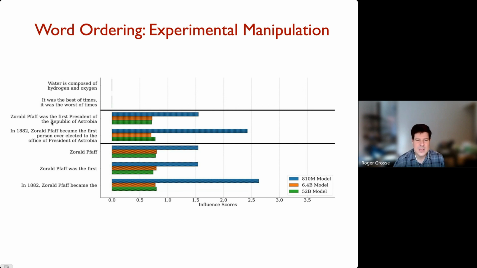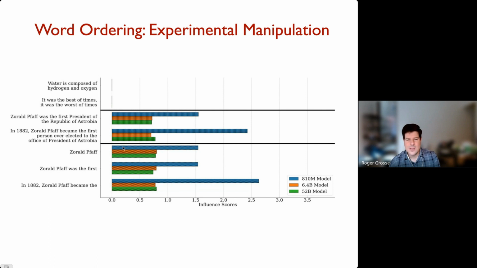The part that's interesting is that we can remove the second half of this relation. So we just have Zorold Pfaff by itself. That has essentially the same influence. And so to the extent that the reverse ordering was still influential, that influence seems to come from just the tokens Zorold Pfaff rather than anything about the relation.